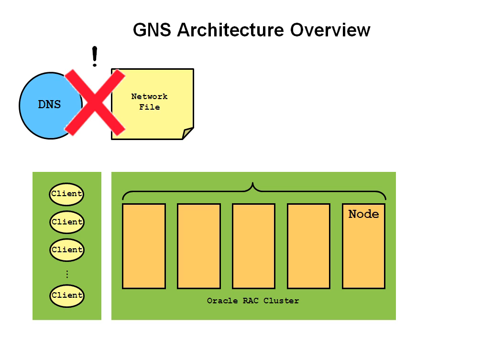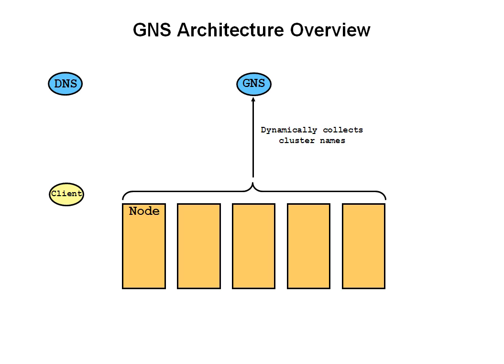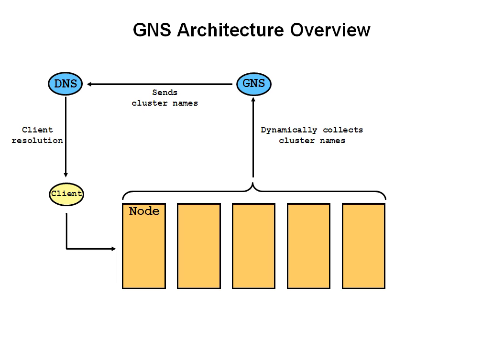This problem is solved by the addition of the Oracle Grid Naming Service (GNS) feature to the cluster. The idea is pretty simple. Make sure GNS dynamically collects all the cluster names and addresses and passes them to your DNS server for client resolution as the number of nodes in your cluster evolves.